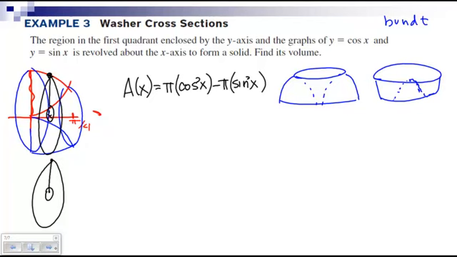So the area of the big circle is pi times this r squared, and that r squared is the cosine curve. Then I'm going to subtract out the inside circle. The area of the inside circle is pi r squared, and sine is the radius of the small circle.